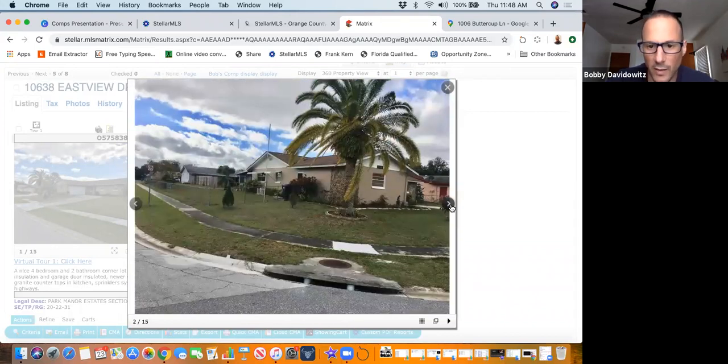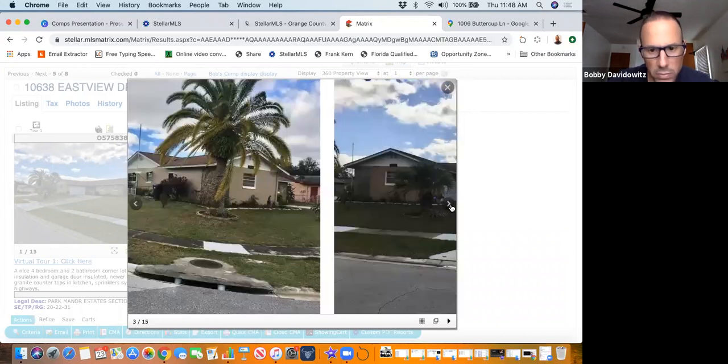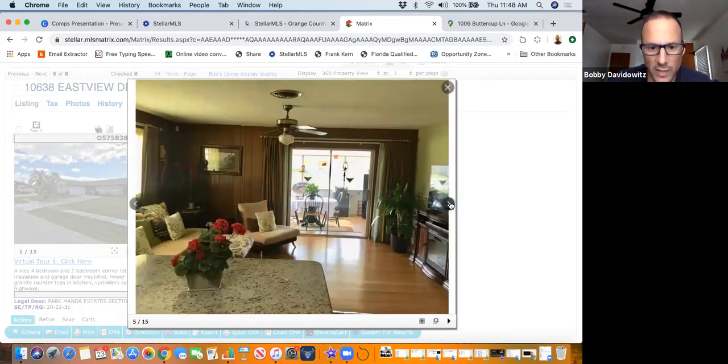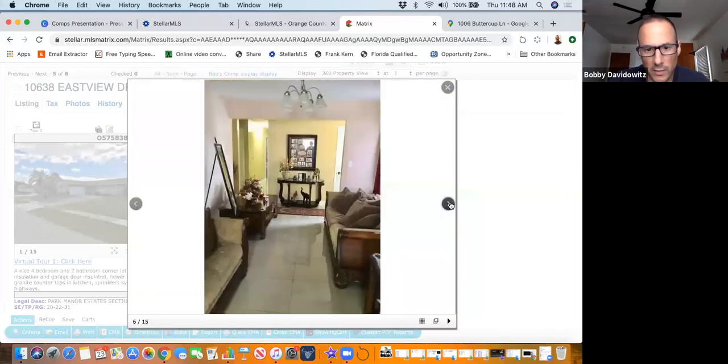Once again, I don't know that this is the second picture that I would show, but it's a decent property. Okay, kitchen, some tile, some wood. Definitely upgraded countertops, but nothing too out of control. Stainless steel. Decent little area, some wood paneling.